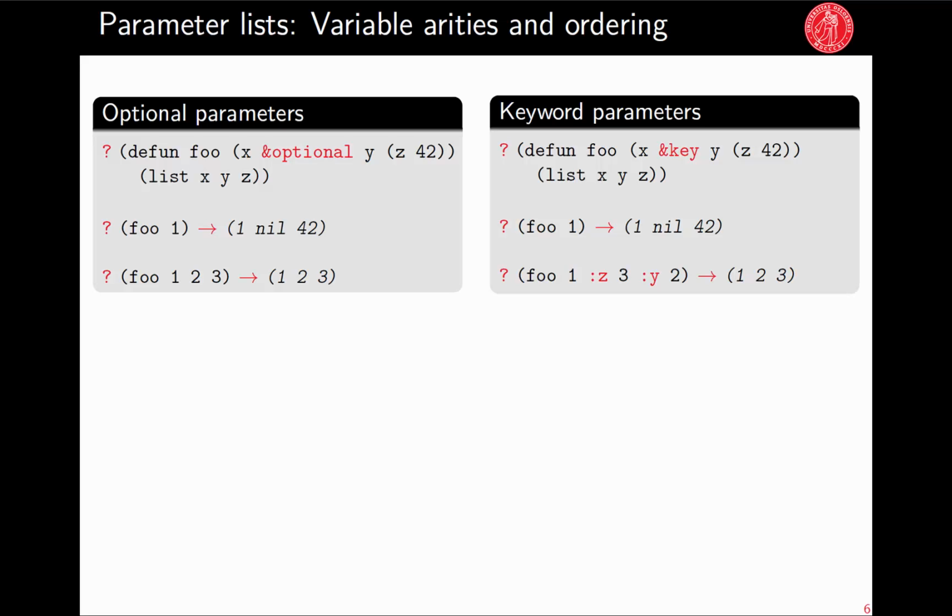Yeah, question? If you move the z to the left, then it would no longer be an optional argument. Then it would be a required argument. And then it wouldn't make sense to give it a default because it would be required.